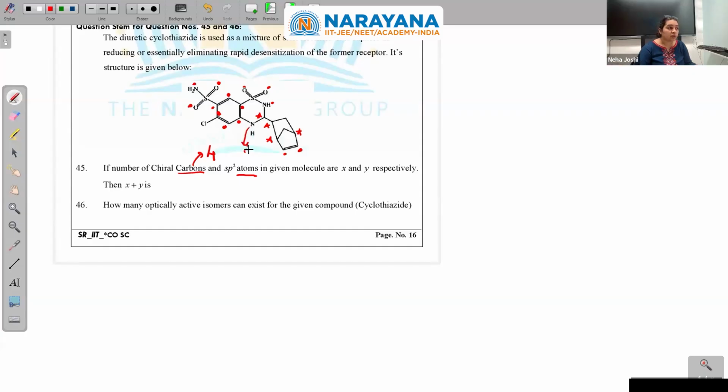This nitrogen is sp3. We discussed in last week's bonding class, when we did resonance, I told you that aniline nitrogen is sp3. So we reached 14.